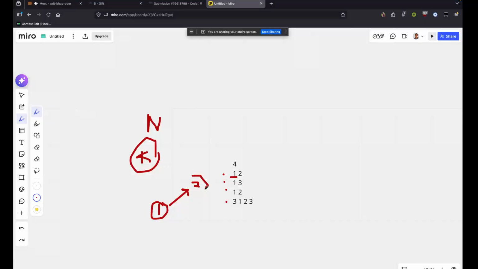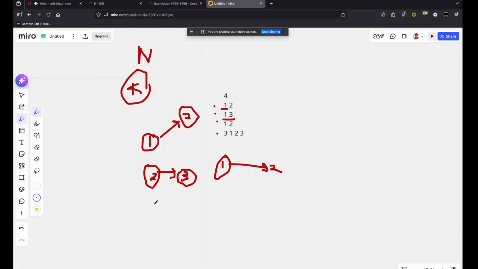Now the second person, he will also be giving gifts to one person only, and the person is three. The third person is also giving gifts to the person two only, that is one person. The K is a little confusing here while reading the question.